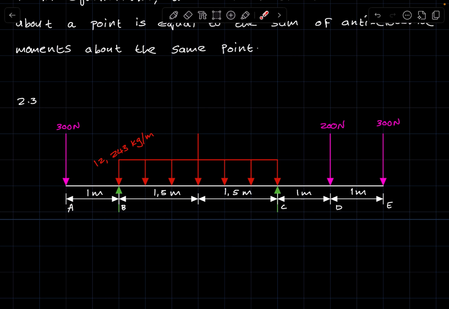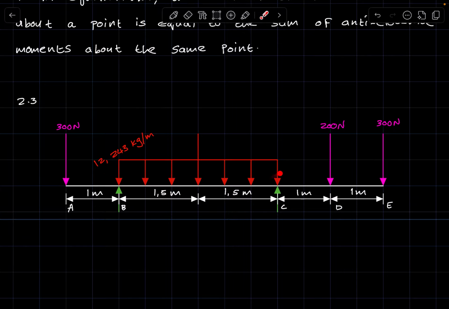The reason for that is so that just in case you have to work out the span of the beam, or the distances in terms of the critical points. Now, the critical points on the beam are the points where you have point loads, where you have the reaction, the beginning and end of the beam, as well as the beginning and end of a UDL, right.